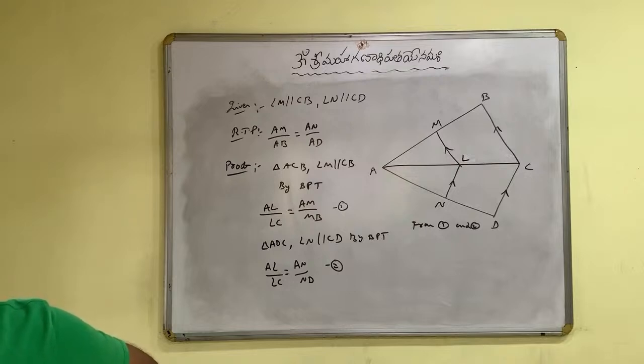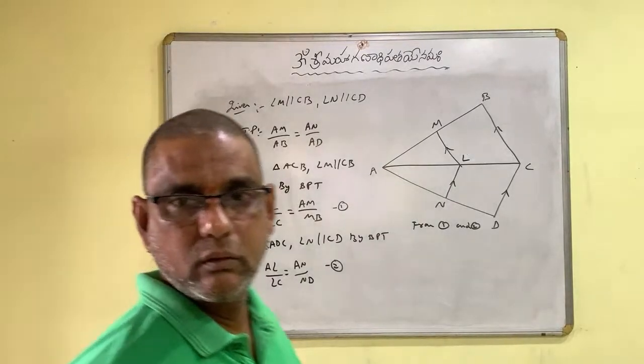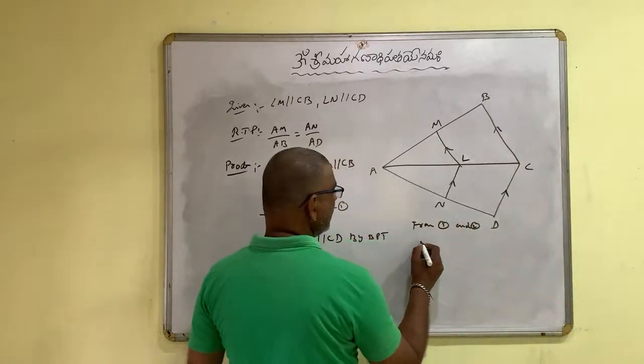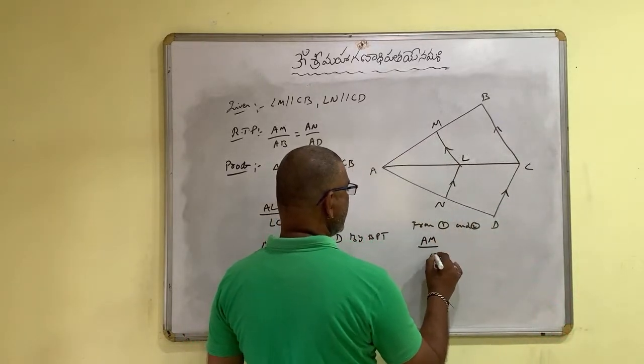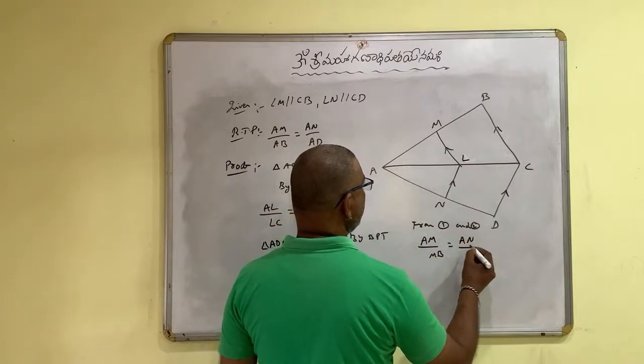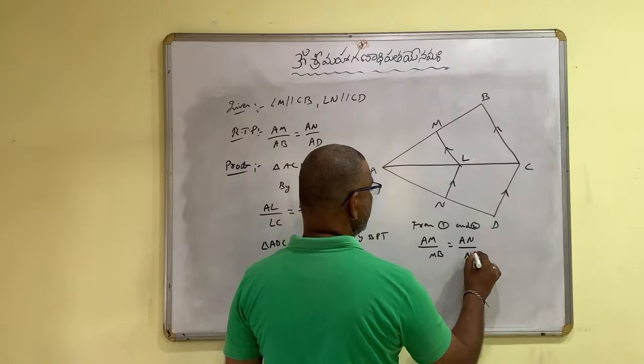Only two people are responding. What about the others? AM by MB is equal to AL by LC equal to AN by ND. Things which are equal to the same thing are equal to one another. Okay, good. So directly we can write AM by MB equal to AN by ND.